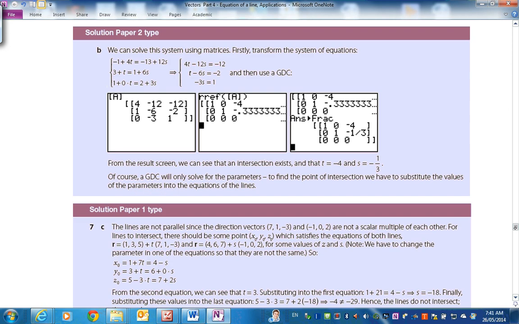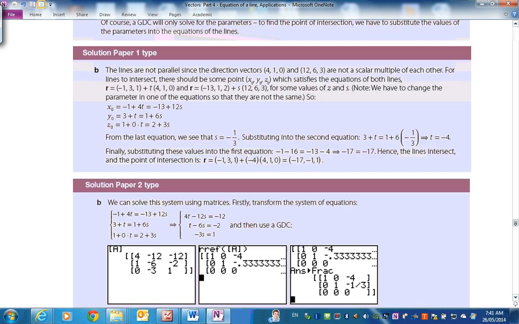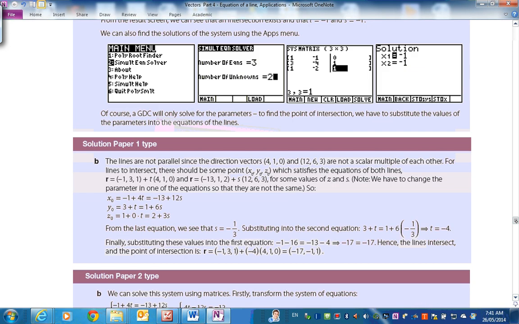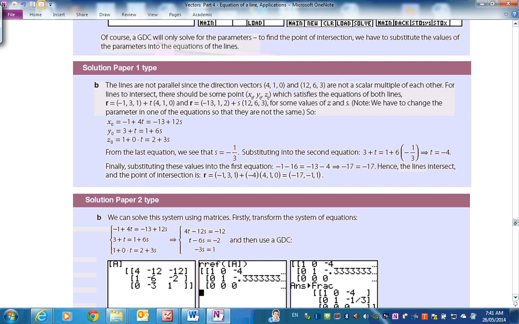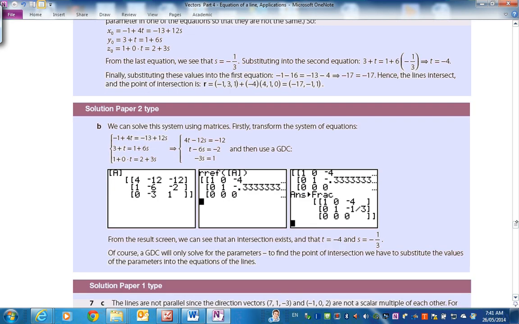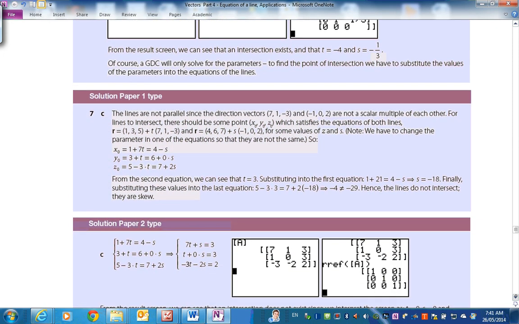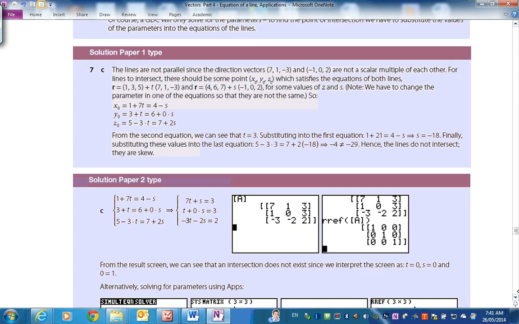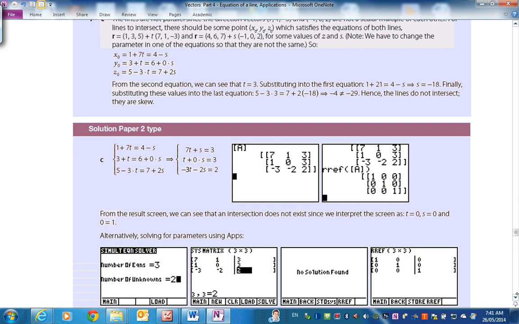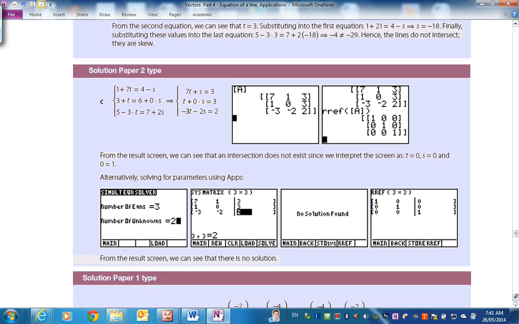Oops, let's go back up. Okay, part B and paper 2, again using equation mode on the calculator. Then paper 1 type, and again the same thing with paper 2, we would use equation mode on the Casio.